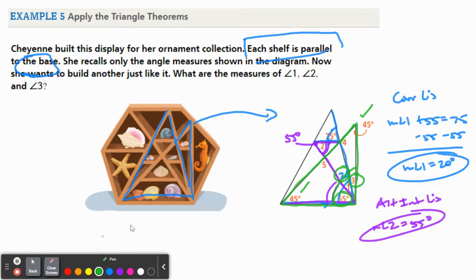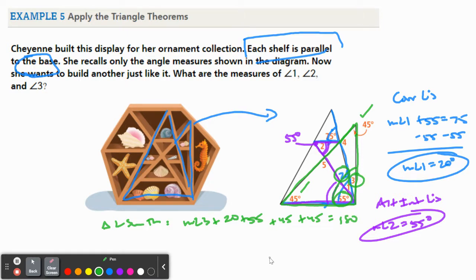It takes a little vision, but we can use the triangle angle sum theorem to set up this equation. I'll start with the measure of angle 3 plus the 20 degrees plus the 55 degrees. That's all this angle here. Plus this 45-degree angle, plus the other 45-degree angle up here, and that's going to equal 180 degrees.